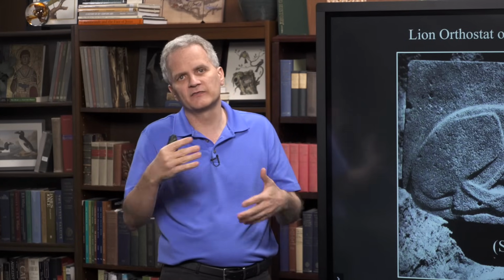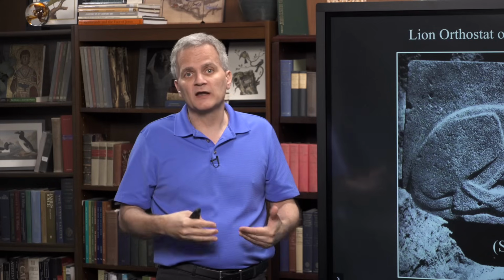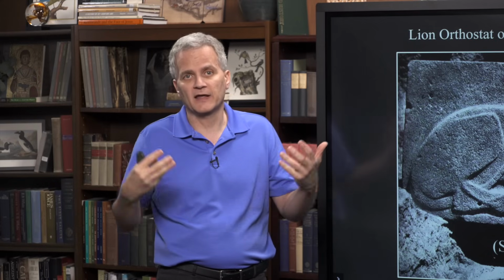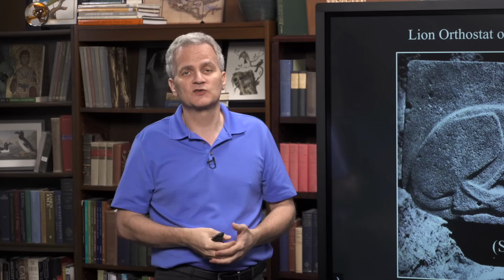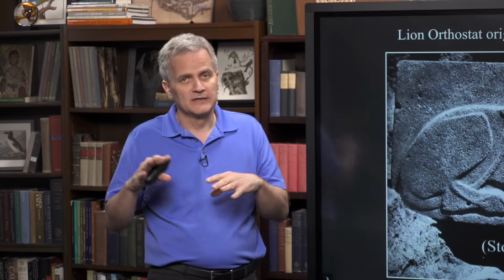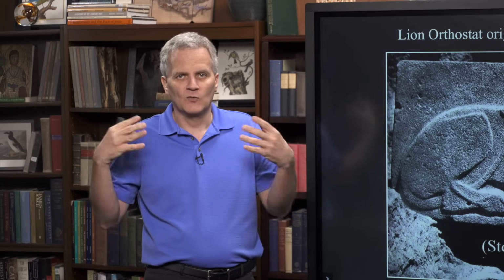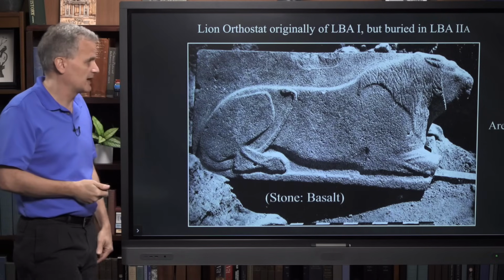And again, this kind of robbery corroborates the story of a complete destruction and things falling into disrepair and disuse. So anything that was discarded and hadn't been covered up by time or dirt would be fair game in the rebuilding process, including this lion orthostat.